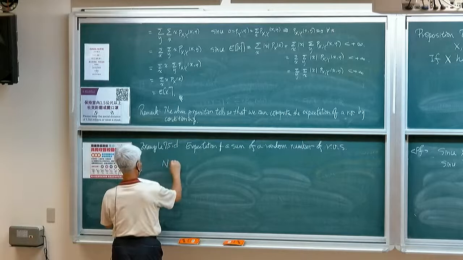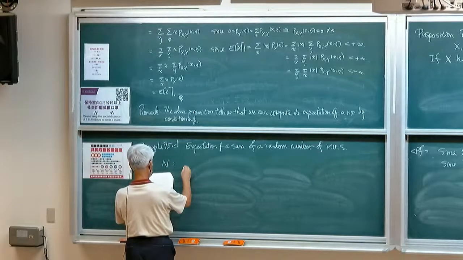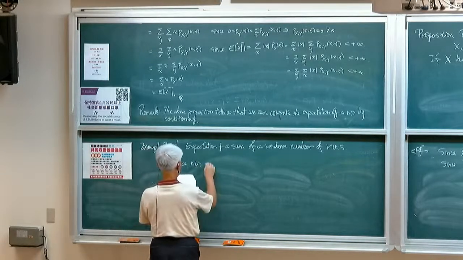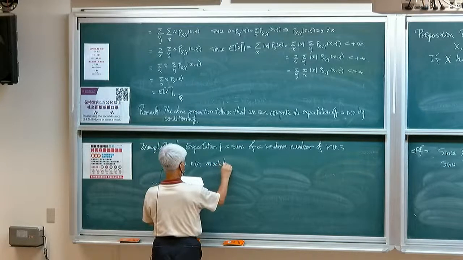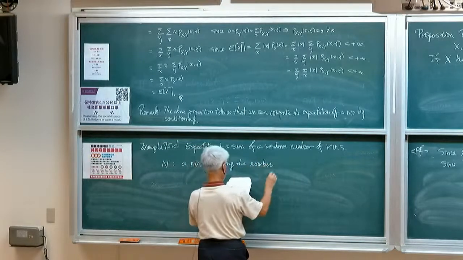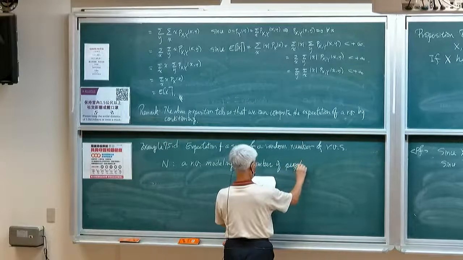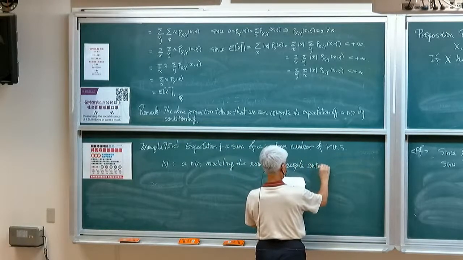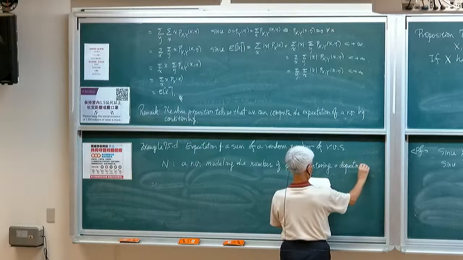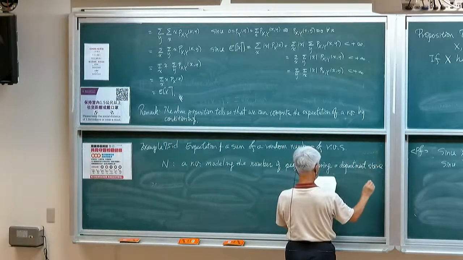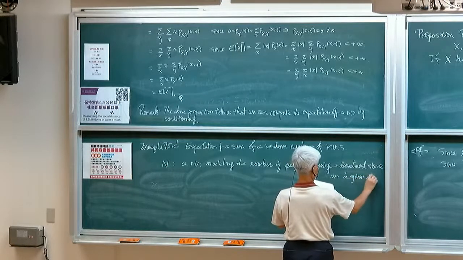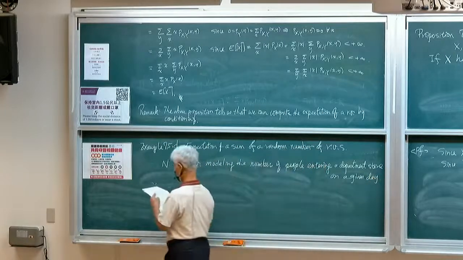All right, so that's N, a random variable modeling the number of people entering a department store on a given day. Okay.